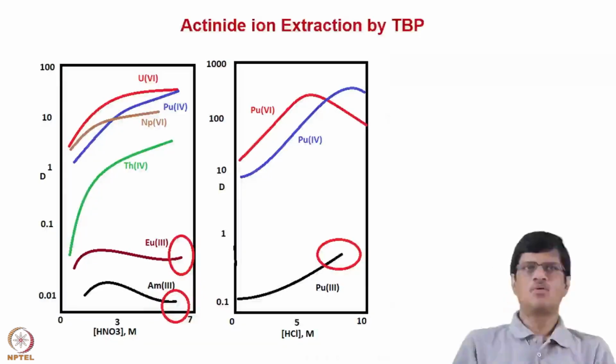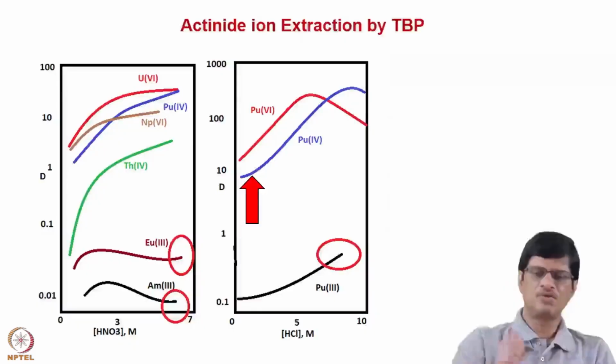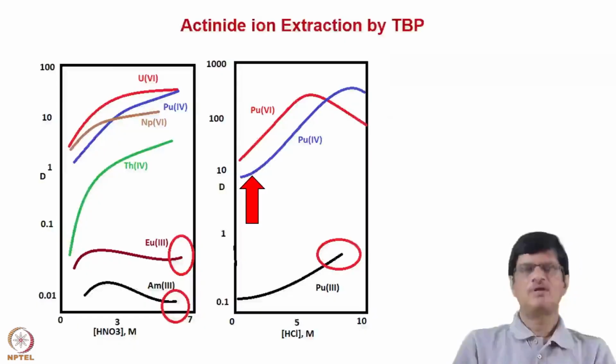Now, in the case of the chloride medium, as you see on the right side of the figure, plutonium-4 extraction is lower and plutonium-6 extraction is higher, similar to what we have seen in the nitrate medium for uranium-6 and plutonium-4. But the distribution ratio values indicate that this plutonium extraction is relatively larger than what we see in the nitric acid medium.